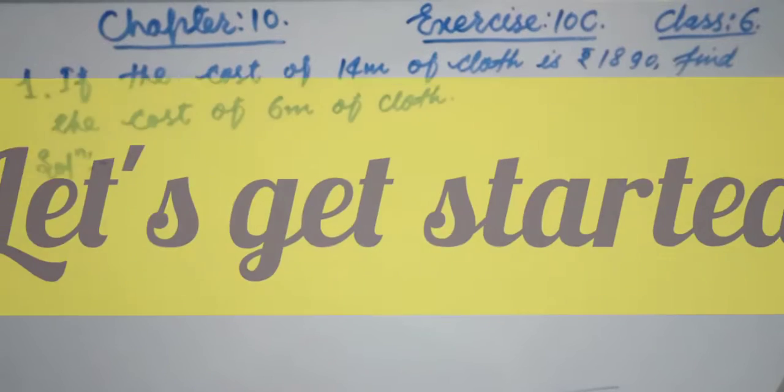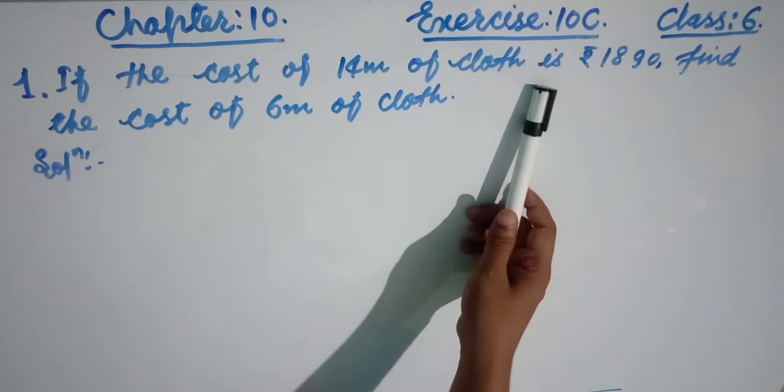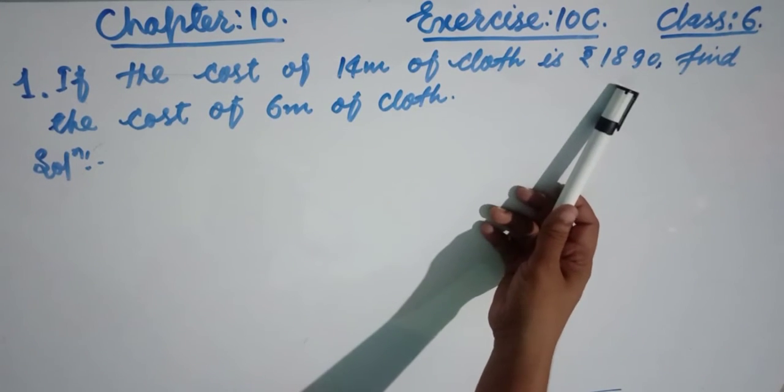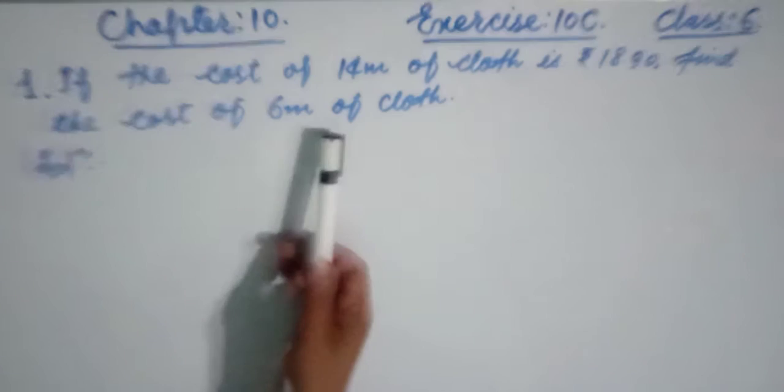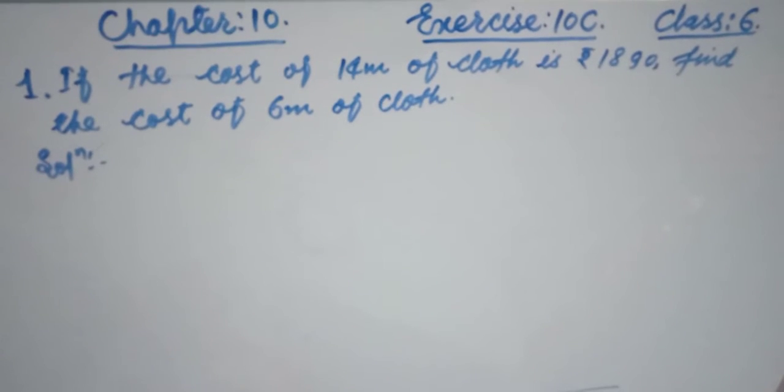Now see friends, question number 1 says, if the cost of 14 meter of cloth is rupees 1890, find the cost of 6 meter of cloth. Now friends, this question we're going to solve by the unitary method, and in the unitary method friends, first we have to find the value of one unit, then we have to find the value of the required number of units.